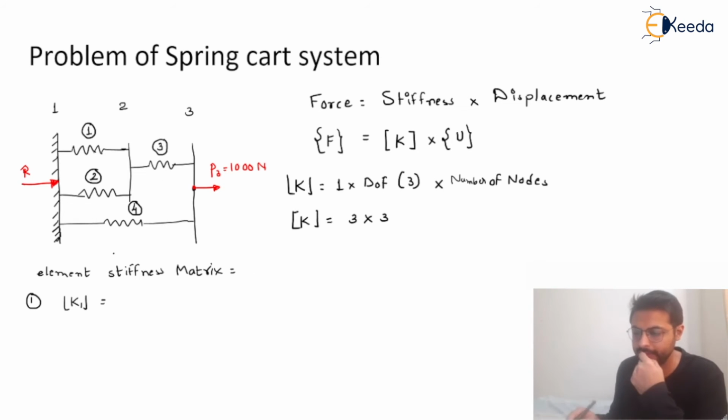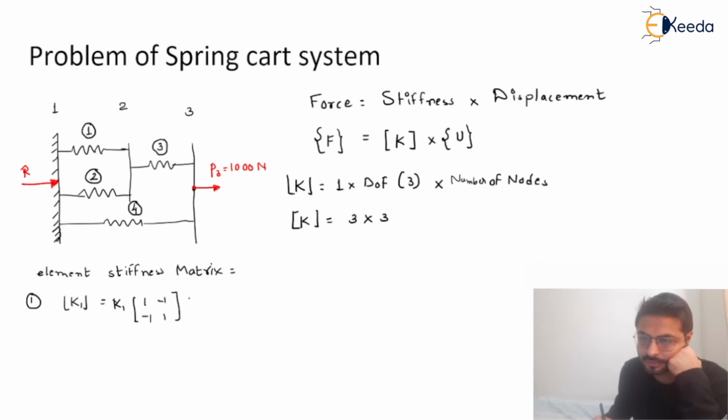For stiffness element number 1, K1, the value of 1 is 4. That's why K1 into 1 minus 1 minus 1 1.